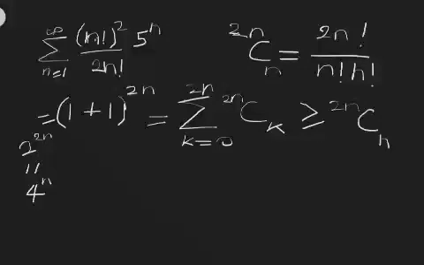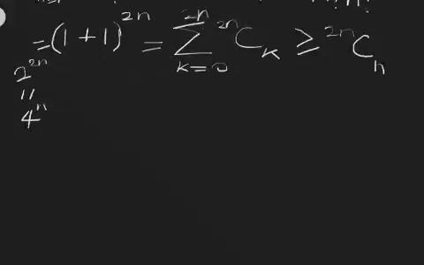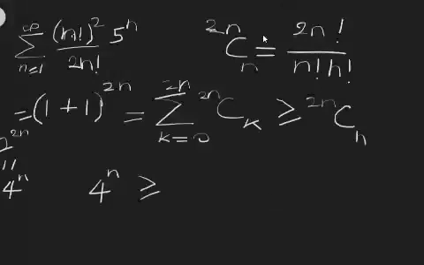So let's move this forward a little bit. So 4 to the n is greater than or equal to which one? Let's simplify this one here: (2n) factorial divided by (n factorial) whole squared, right?